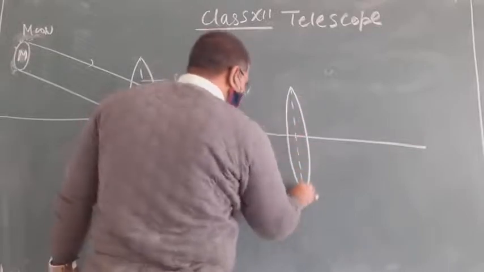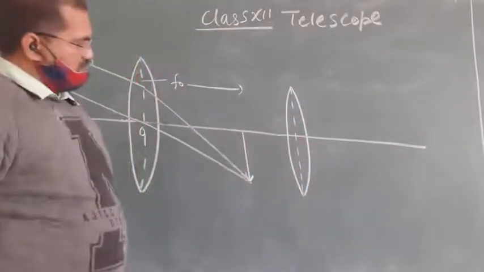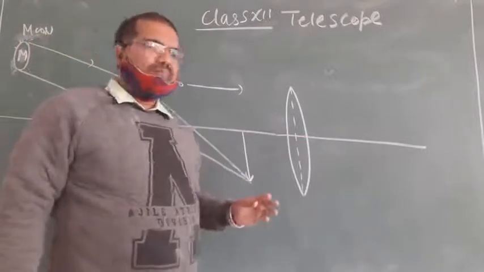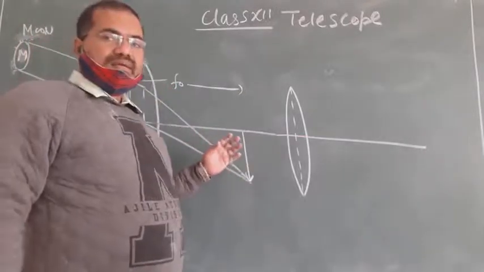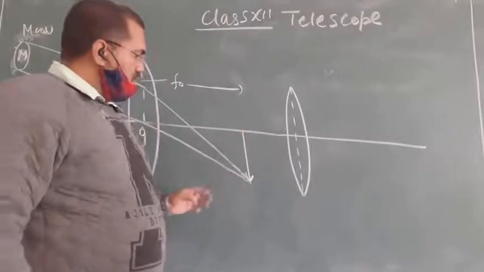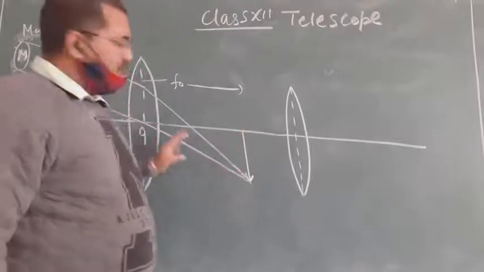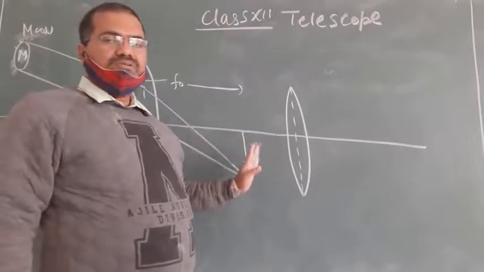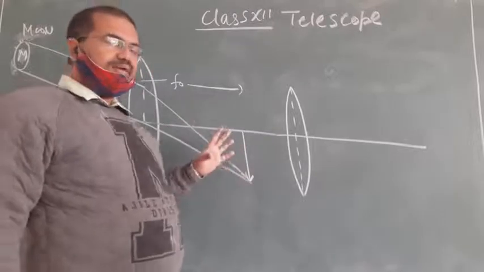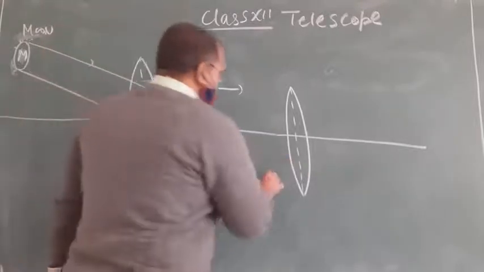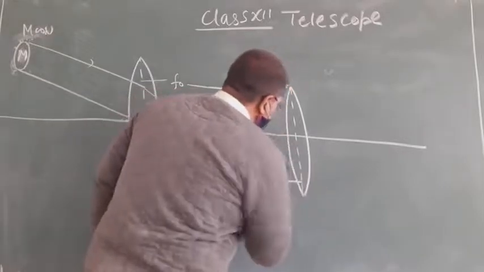This is the objective lens. It is just the opposite of a compound microscope. In a compound microscope, the objective lens is smaller than the eye lens, but in a telescope the objective is bigger than the eye lens, because the objective is very big and more light is required for making a clear image.